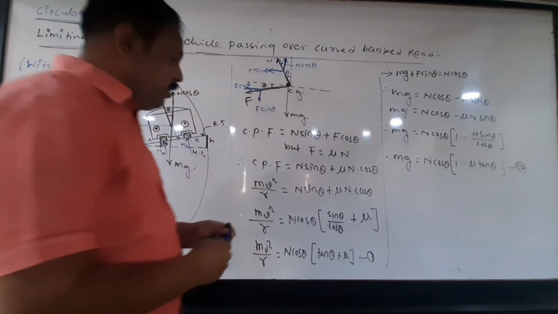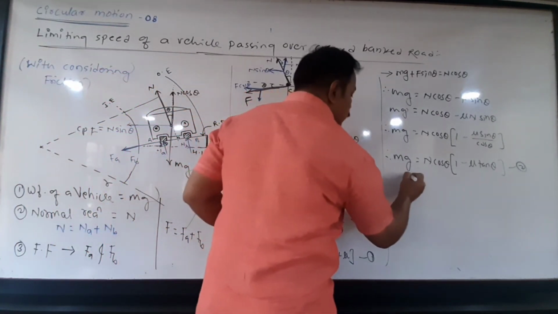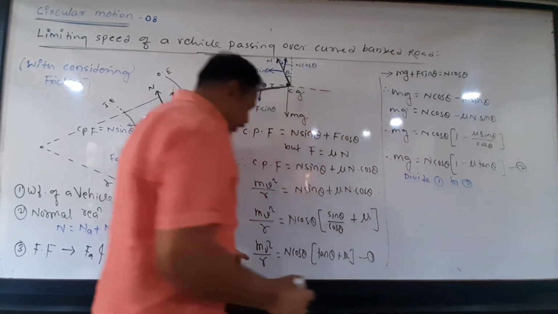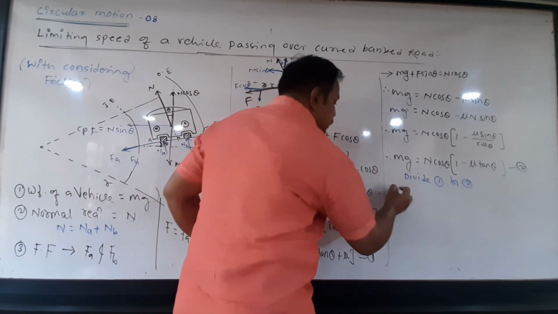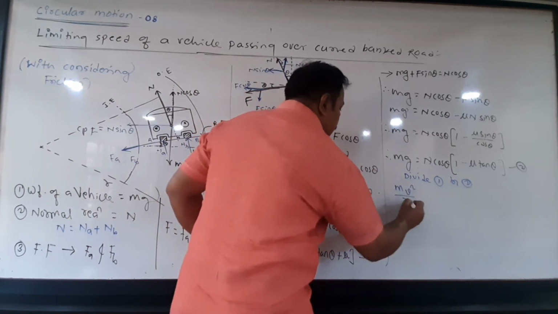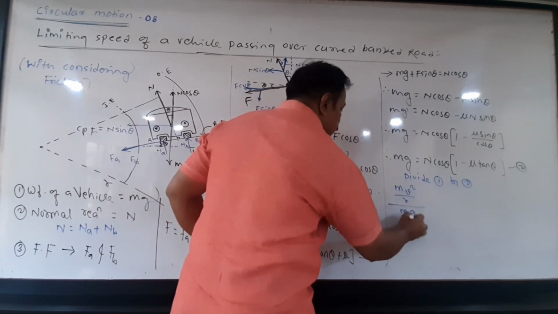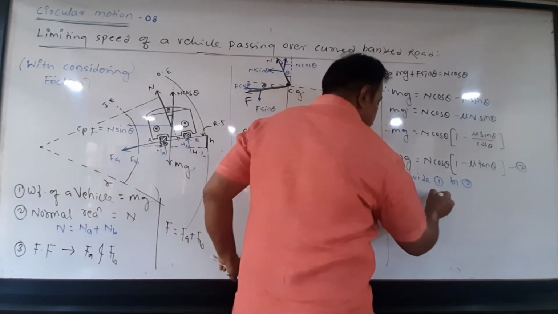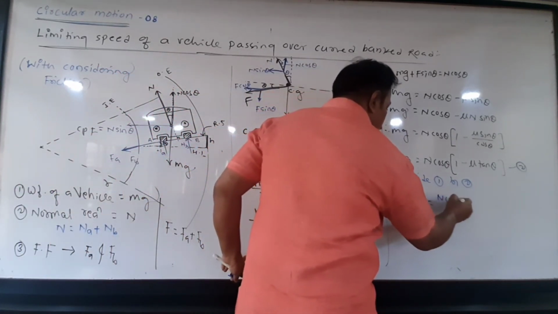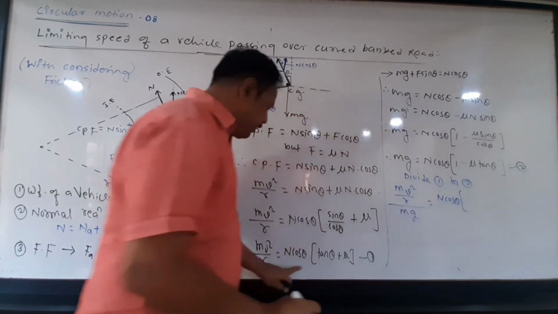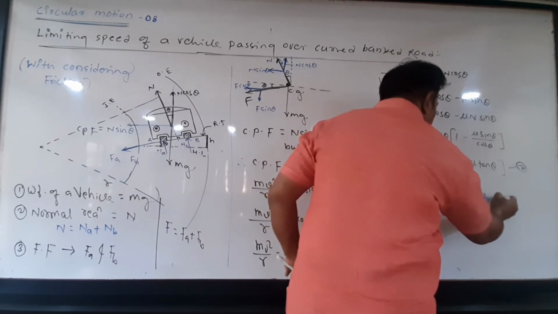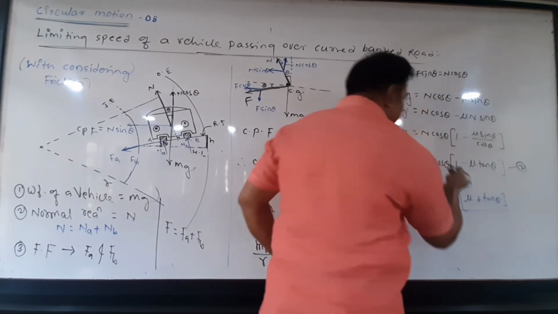Now divide 1 by 2. Divide equation 1 by 2. What is equation 1? Left hand side is mv square upon r, total divided by this left hand side is mg, that is equal to N cos theta, right hand side is tan theta plus mu, or we can say mu plus tan theta. And here what is the right hand side?